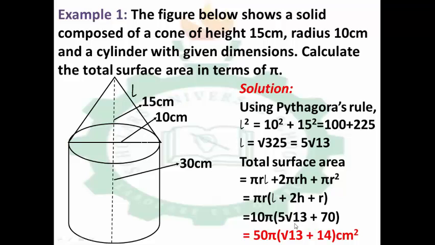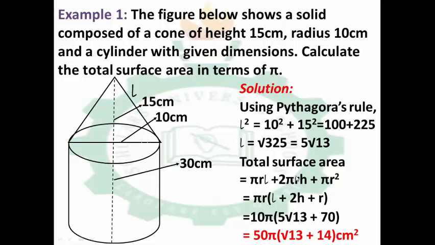Our h here is the height of this solid, which is 30 centimeters, so 2 times 30 is 60, plus 10 centimeters, which is the radius, and that gives you 70. Opening these brackets, you have 50 pi, open bracket, root 13 plus 14, close the bracket. So that will be the total surface area of that solid.